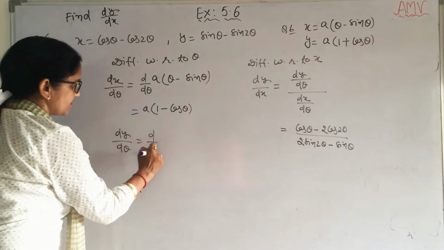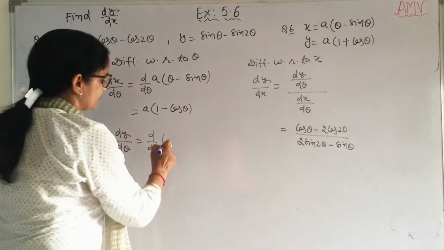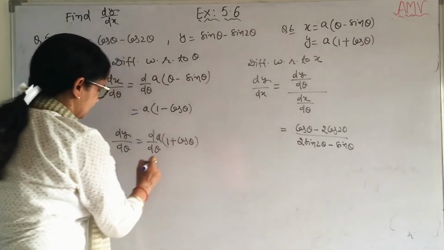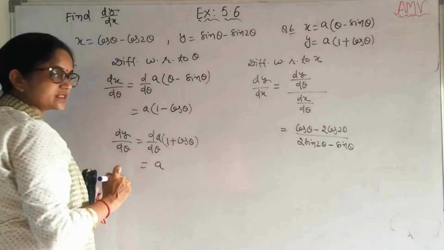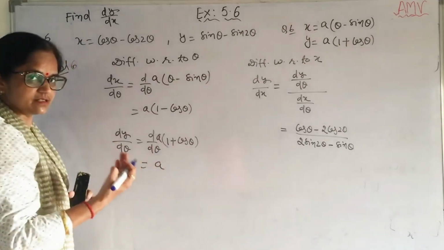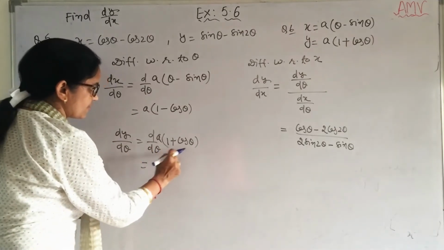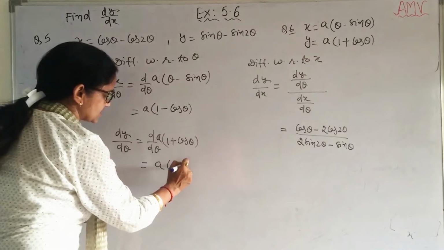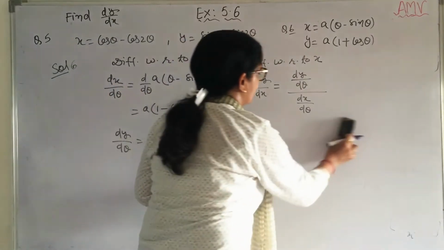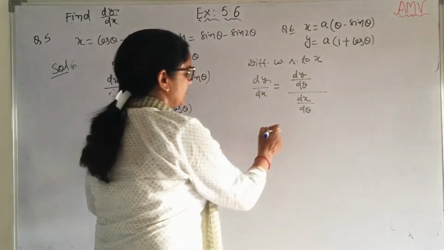So d by d theta of a times 1 plus cos theta, a is as it is. Derivative of 1 with respect to theta is 0, and derivative of cos theta is minus sin theta. Okay, and now you have to find dy by dx.